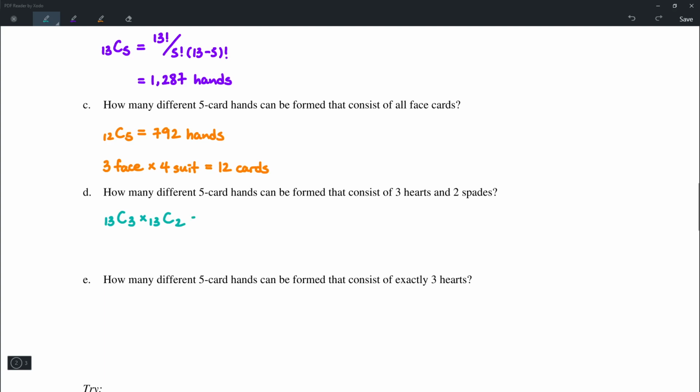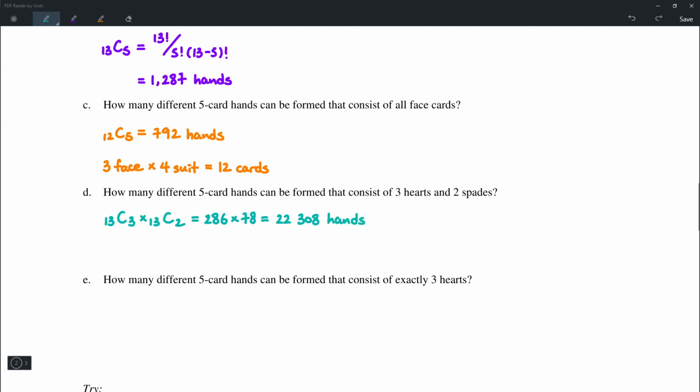Okay, so again, using a calculator, 13 choose 3 is 286. 13 choose 2 is 78. And their product is 22,308 hands.